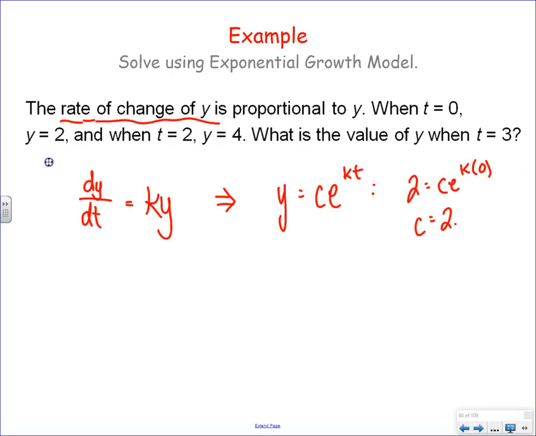So why on earth do they give us a second point? To find k. Because the whole point is to use this equation, and I can't until I have c and k. So we can say y is 4 when, well, we know c, right? Okay, so let's plug in. We don't know k, but we do know t is equal to 2.